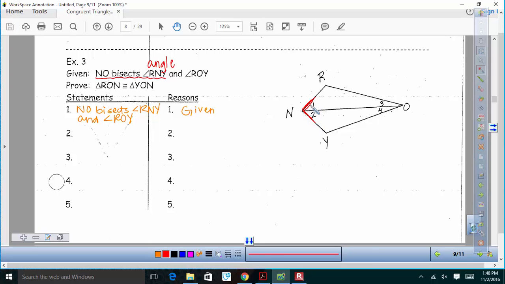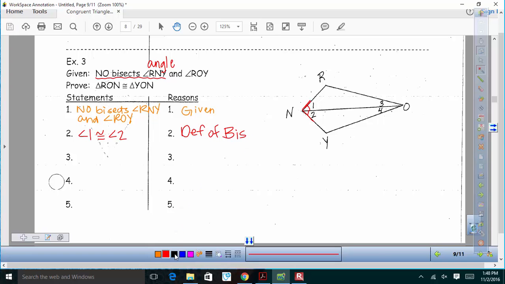If we bisect it, we'd be talking about angle 1 and angle 2. So up here, does it say angle 1 is congruent to angle 2? No. So I'm going to put angle 1 is congruent to angle 2. And what's the definition for that? Definition of bisect.